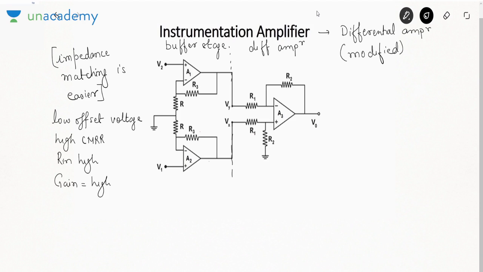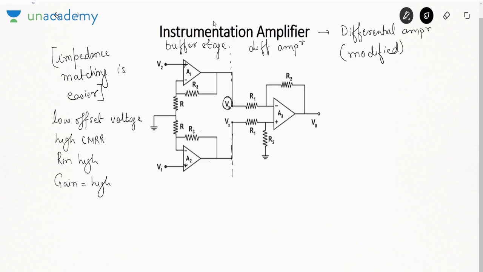So these are some of the advantages that we are getting with the instrumentation amplifier as compared to your differential amplifier. Now how do we analyze this circuit? See, V2 is connected at the non-inverting terminal, V1 is also connected at the non-inverting terminal.